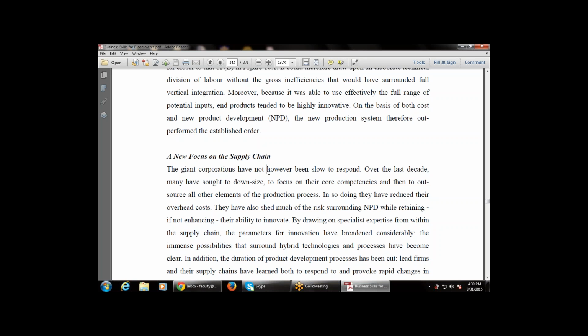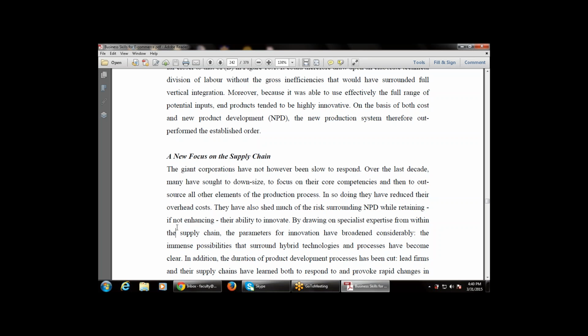The giant corporations have not, however, been slow to respond. Over the last decade, many have sought to downsize, to focus on their core competencies and then to outsource all other elements of the production process. In so doing, they have reduced their overhead costs. So whenever there are multiple elements for outsourcing the production process, there is a low overhead cost.